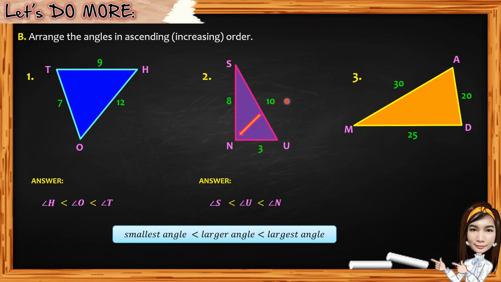So we can say that angle S is less than angle U less than angle N. Now for number 3, in triangle MAD, the smallest angle is angle M, which is the opposite of the shortest side, AD, 20, less than the larger angle is angle A, which is opposite the longer side, MD, 25, less than the largest angle is angle D, which is the opposite of the longest side, MA, 30. So we can say that angle M is less than angle A less than angle D.